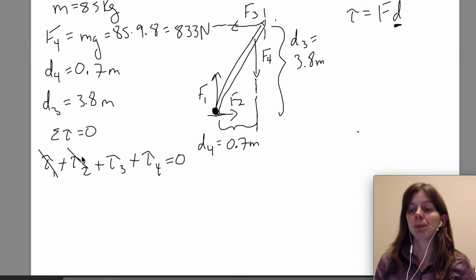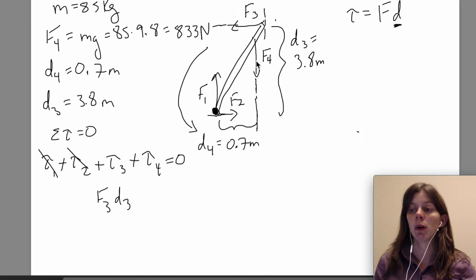So we can cross them out. And now we can write down what we know for the definition of torque 3. Since we're using the FD definition, it would be F3D3. And we have to pay attention, is this a clockwise or counterclockwise torque? Well, if we fix the pivot point here and we pull to the left here, can you see that it's going to rotate counterclockwise? So that's a positive torque.